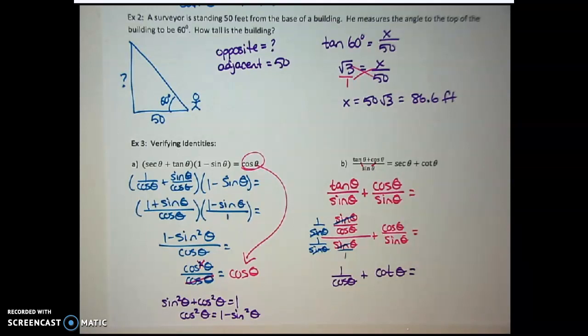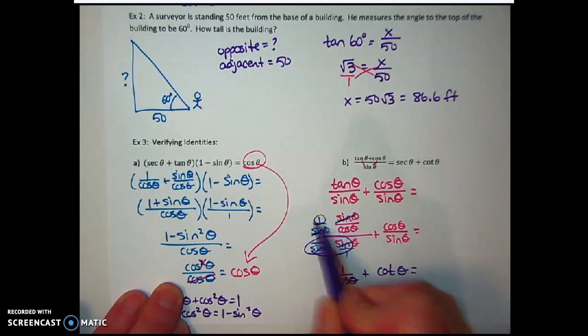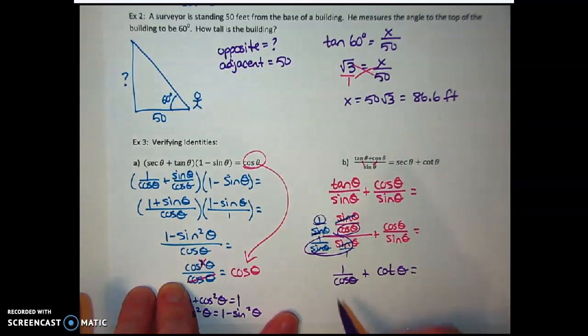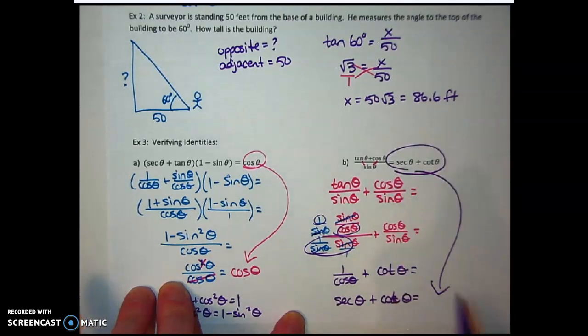I basically multiplied that first fraction by 1 over sine over 1 over sine. That allowed those sines to cancel, so I was left with 1 over cosine, because my denominator equals 1. These cancel, so I end up with 1 over cosine. And I also noticed that cosine over sine from up above is cotangent. And now finally, 1 over cosine is secant plus the cotangent of theta equals, and that's what we started with.